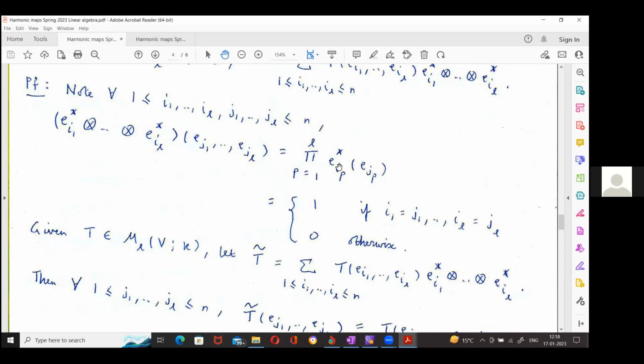So all of these are Kronecker deltas. This product is 1 if and only if all of the factors are 1, otherwise it's 0. All the factors being 1 means that all the i's have to equal the j's, so each I1 has to be J1, up to IL has to equal JL.